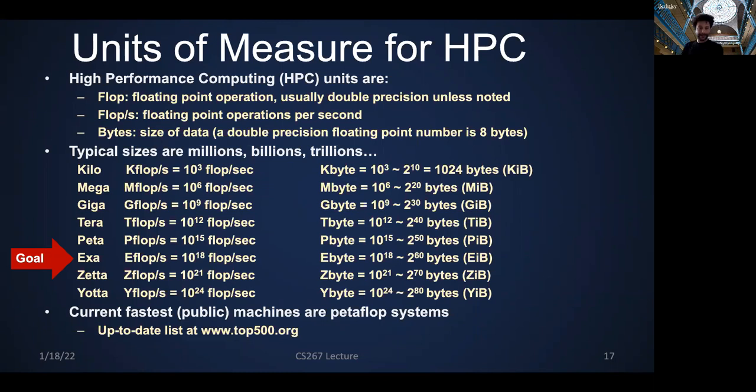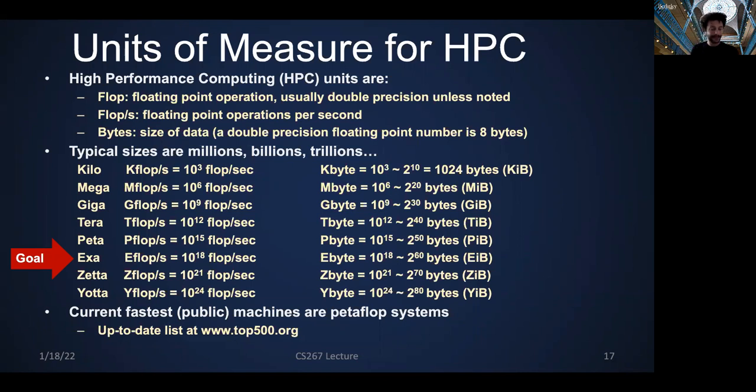So peta is 10 to the 15, exa is 10 to the 18, which is what we're almost about to achieve, hopefully within the next 12 months or so, meaning there will be a machine projected to perform 10 to the 18 flops per second. And when we say this, we talk about double precision operations.